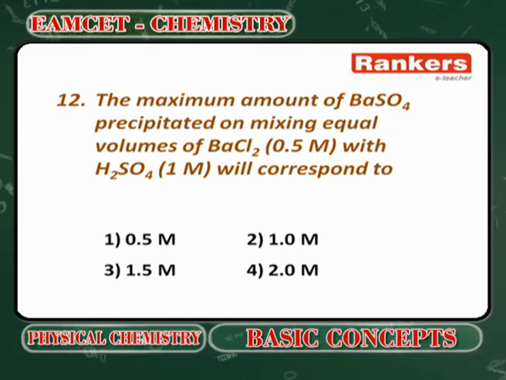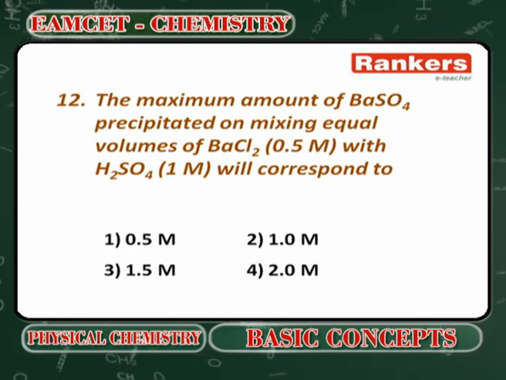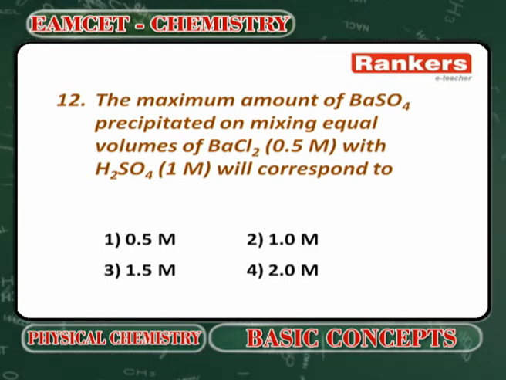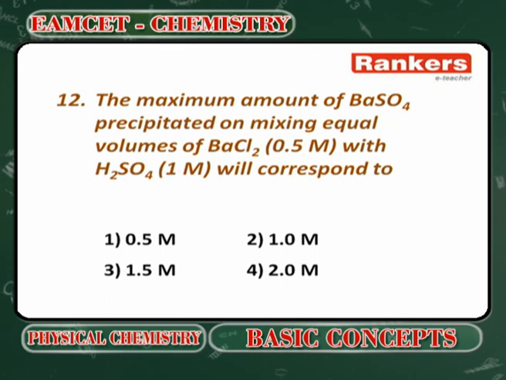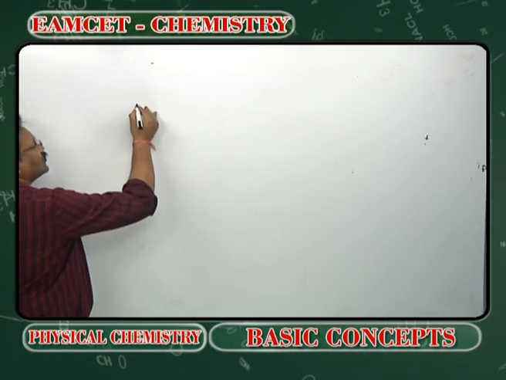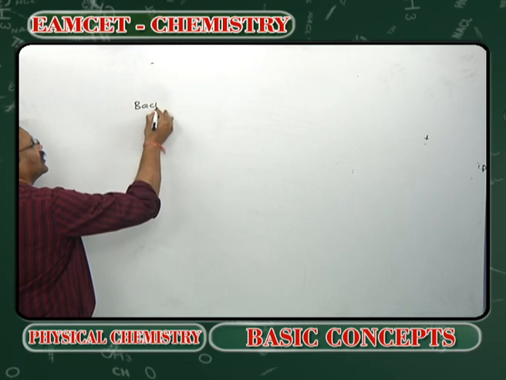Next. This is the maximum amount of barium sulfate precipitated on mixing equal volumes of barium chloride with H2SO4. This is also a problem pertaining to the limiting reagent. What is the equation?